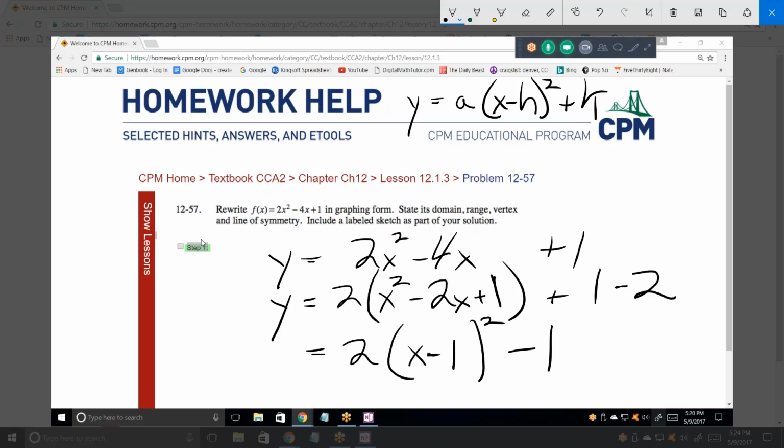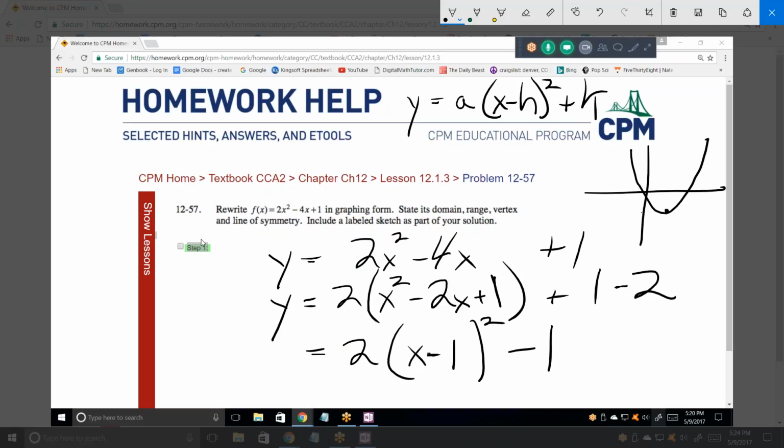What's the domain? Let's graph it before we answer the rest of these questions. Where's the vertex? 1, negative 1. Does it open up or down? Now, tell me its domain.